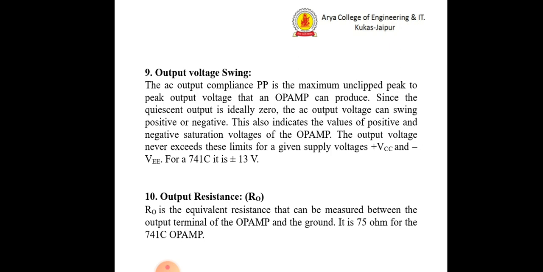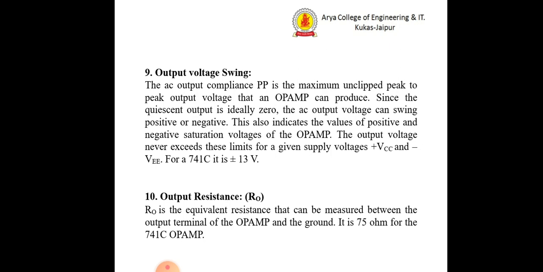Now the output voltage swing. The AC output compliance PP is the maximum unclipped peak-to-peak voltage that an op-amp can produce. Since the quiescent voltage is ideally zero, the AC output voltage can swing positive or negative.